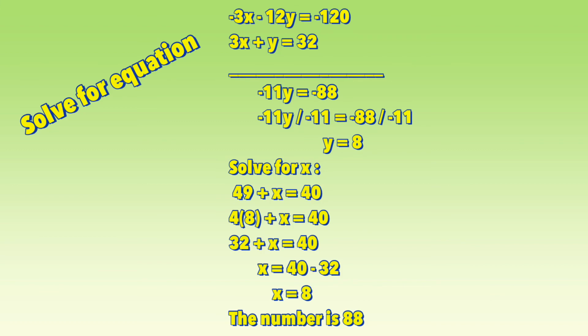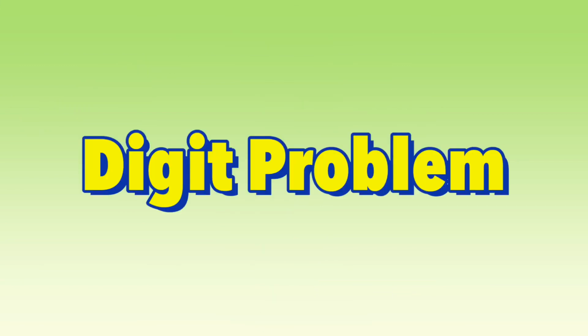So we're going to transpose 32 to the right side of the equation, and it becomes negative 32. So 40 minus 32, x equals 8. So therefore, our number, the two numbers is 88.